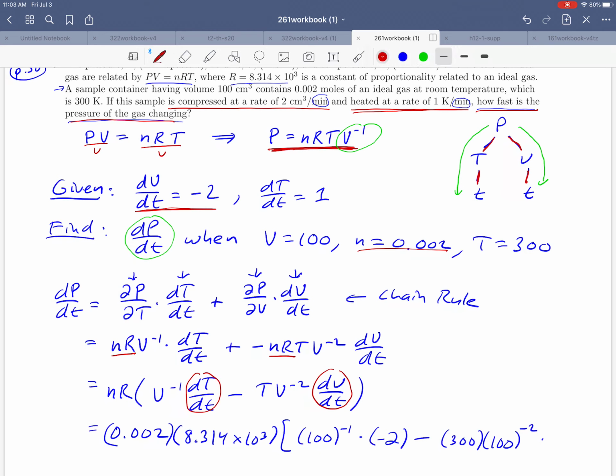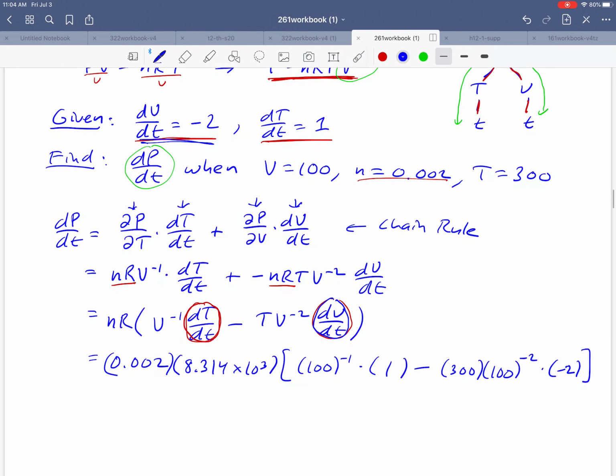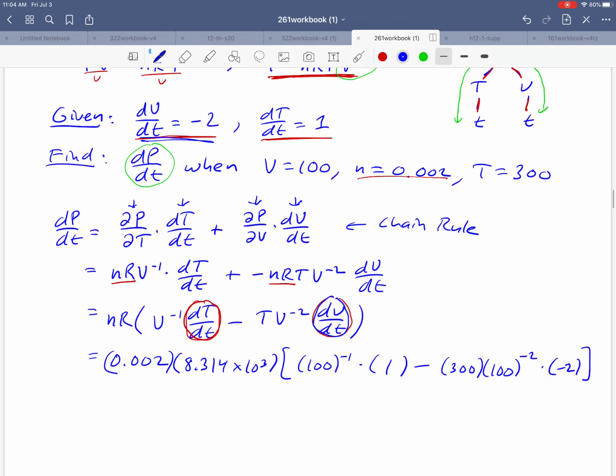Okay, back up for a minute to this term. Okay, dT dt, that's actually this number 1. I think I mistakenly wrote negative 2 there, so let's fix that. Okay, that should actually be one. Okay, there we go. Okay, and then when we come over here to dV dt, that was the number that was negative 2. All right, and just taking a quick glance, I think we've got the numbers in the right place now. Yep, looks like we do.